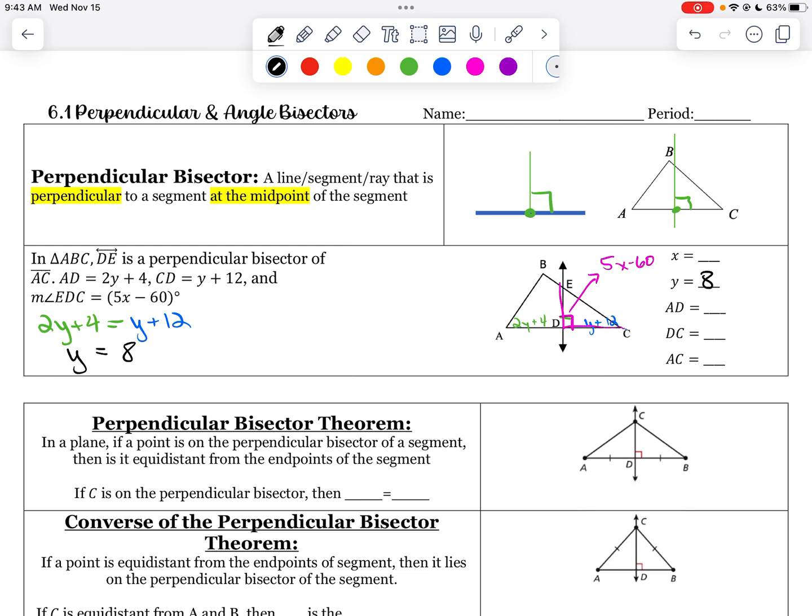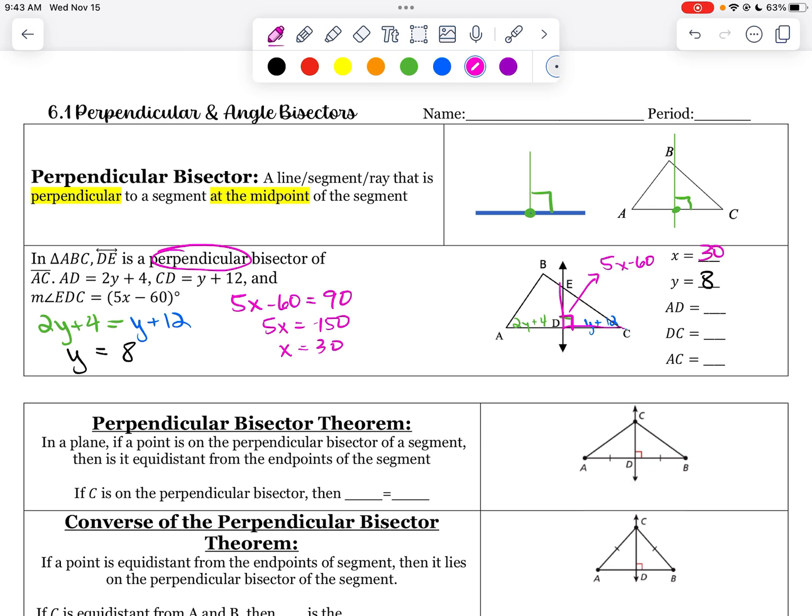Now to figure out x, I know that that's got to be a right angle because it is a perpendicular bisector. So I have 5x minus 60 equals 90. So I've got 5x is 150. So x is 30.